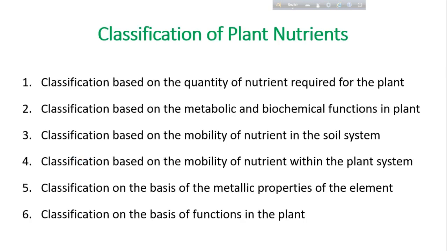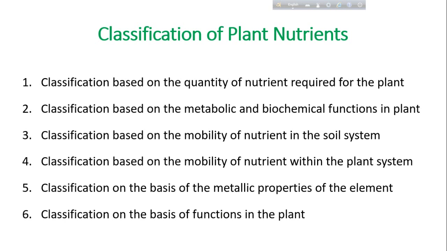So next we are discussing the classification of plant nutrient elements. This is very basic, and even undergraduate and college level students know the classification system, particularly the classification based on the quantity of the nutrient element present in the plant tissue or tissue system.